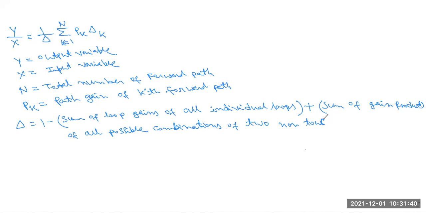So just recall them, because when you solve by the signal flow graph method, we have to solve different types of loops. Here two or more loops are available. So in this case, the sum of gain products of possible combinations of two non-touching loops. These two non-touching loops do not touch each other.